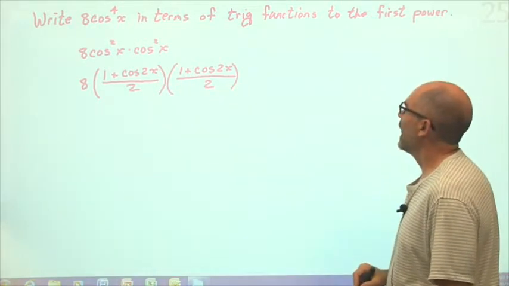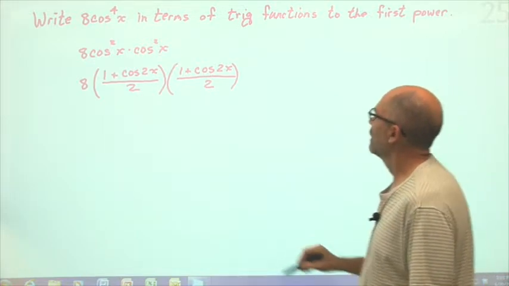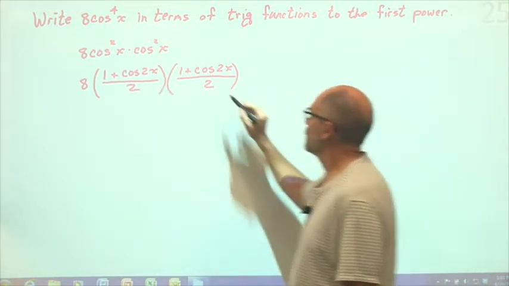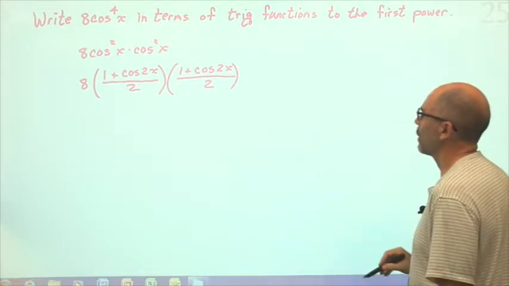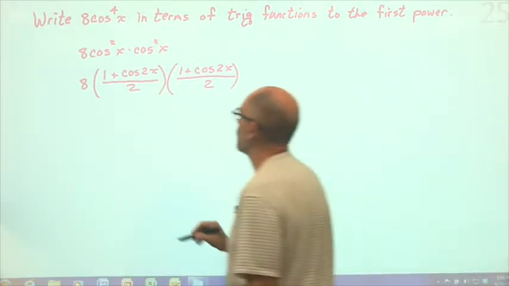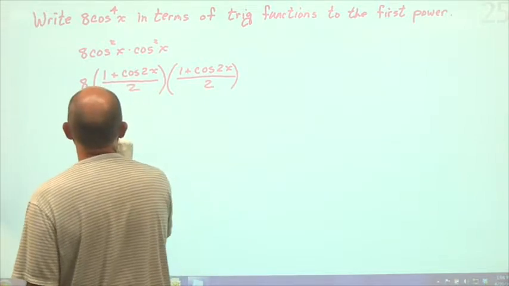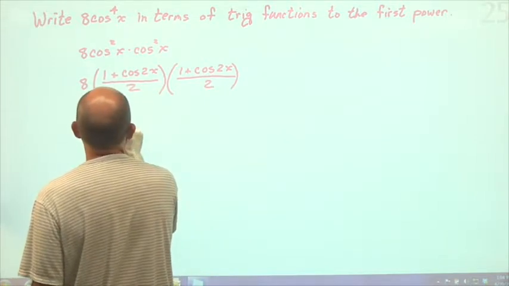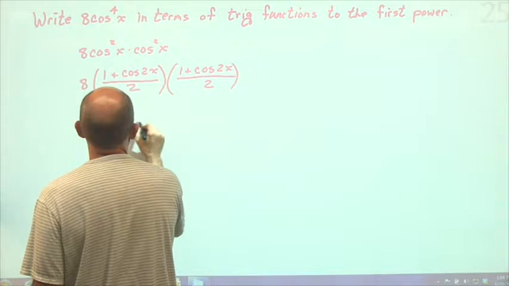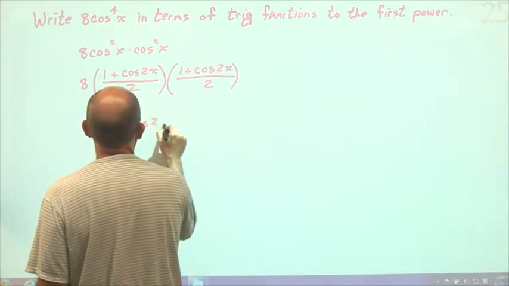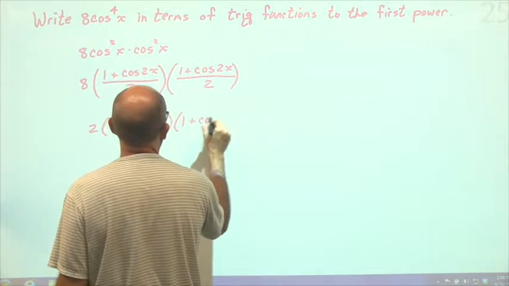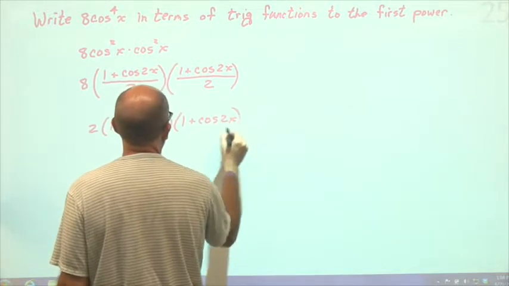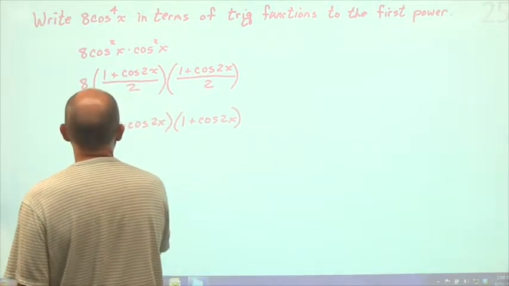So notice the 2's on the bottom are just going to be 2 times 2 is 4. 8 over 4 is 2. So we end up with 2 times 1 plus cosine 2x times 1 plus cosine 2x.